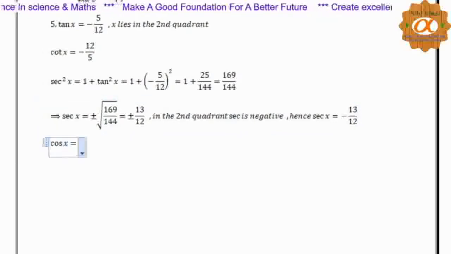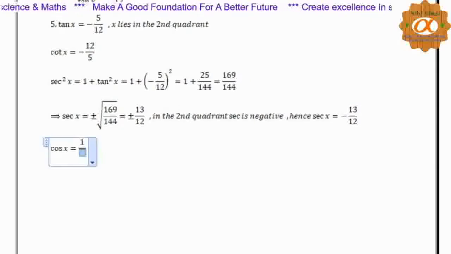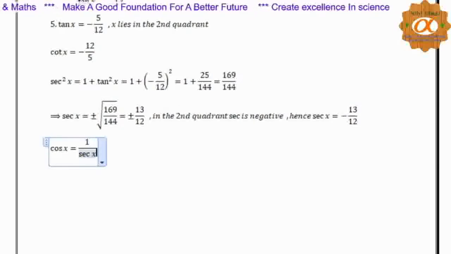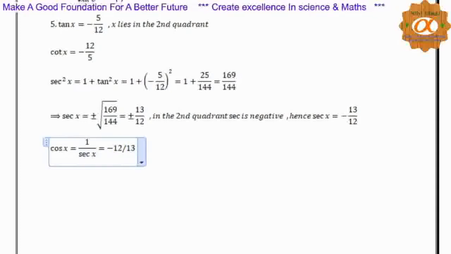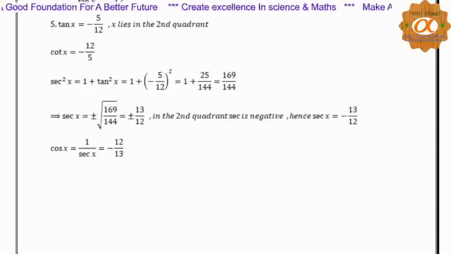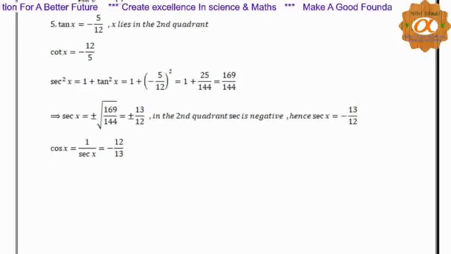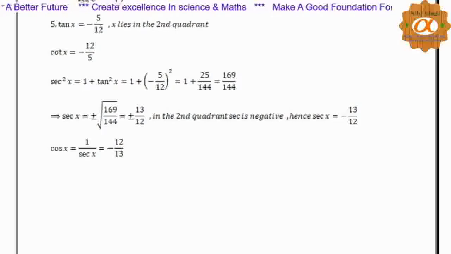That means cos x is equal to 1 by sec x, the reciprocal of sec x, and we can write it as minus 12 by 13. So here cos x is equal to minus 12 by 13 and sec x is equal to minus 13 by 12. Now we want to calculate sin x.